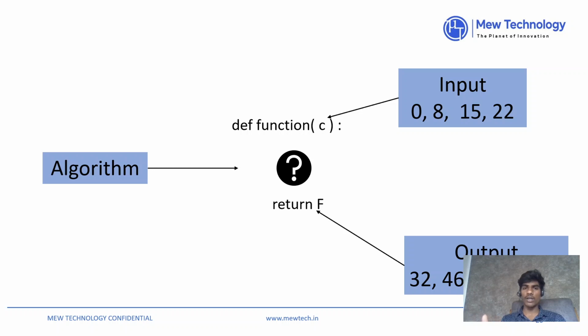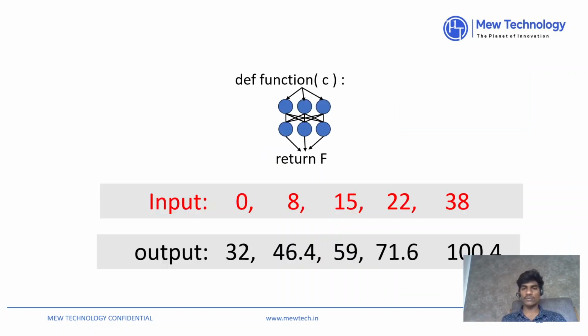I have an input, I don't know the algorithm, but I have outputs. First I give both to the machine. The machine finds out the rules. After that, when I give an input, using its previous knowledge, the machine finds the corresponding output. It predicts the outputs. This is what happens.